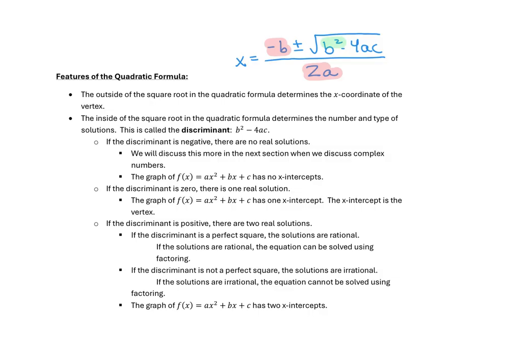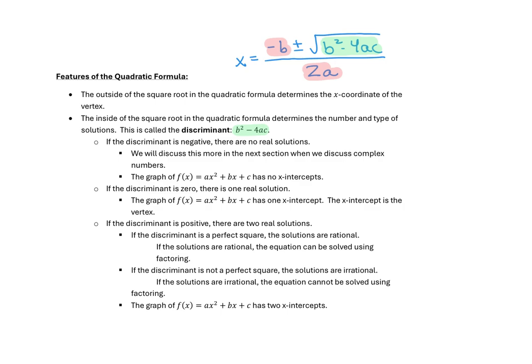And so the b squared minus 4ac, we call this the discriminant. And so what does this tell us? Well, depending on whether this is positive, negative, or 0, it tells us how many real solutions we have.